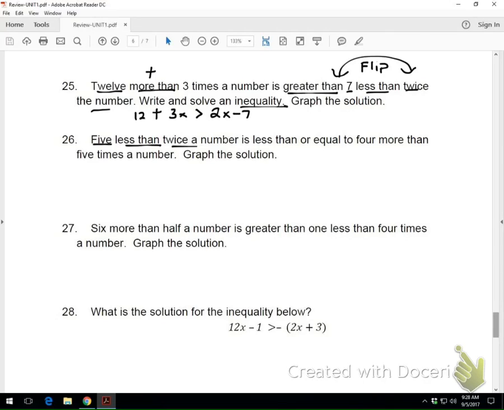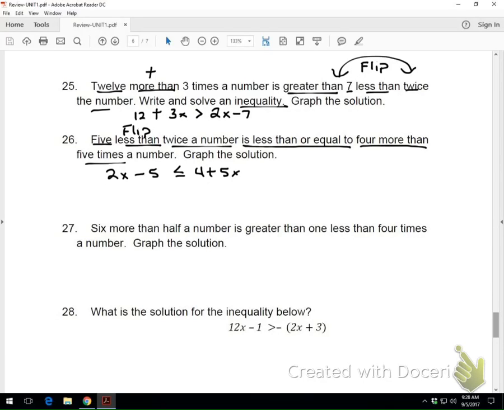5 less than twice the number. Remember, less than is a flip word. So it's 2x minus 5 is less than or equal to. So this is right here. 4 more than 5 times the number. So 4 plus 5x. You would know how to move the letter, right?